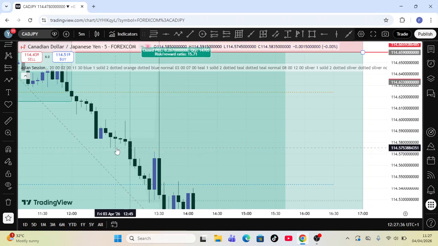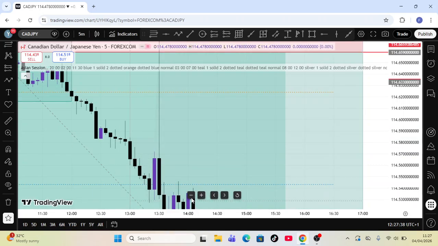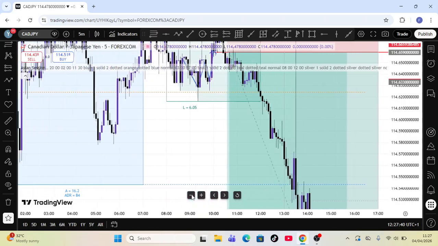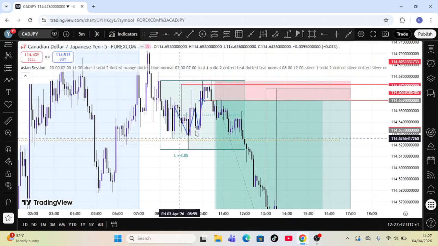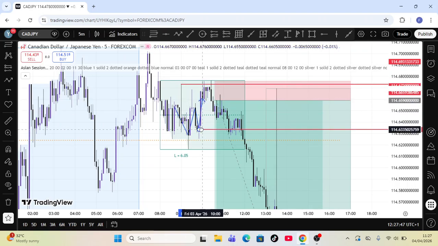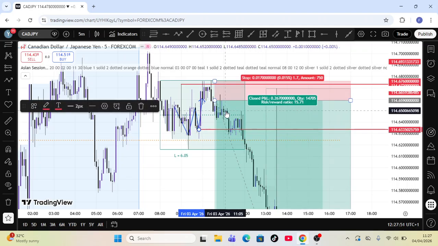And those of you who mark this place as the high that caused the low, this is where, you see, market breakout. It didn't retest, and this was a new candle.